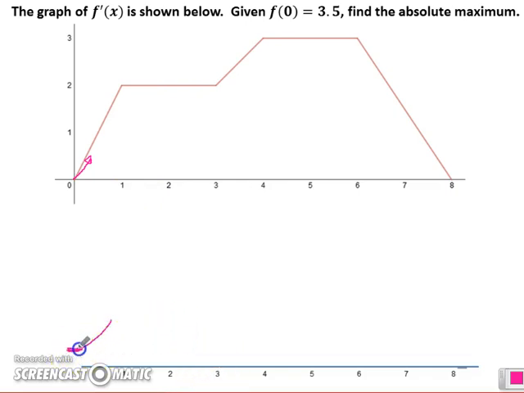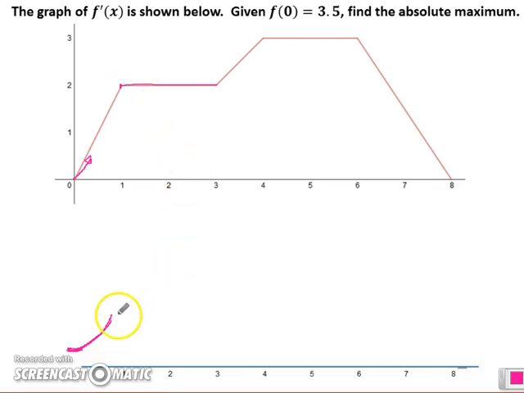When we get to 1, the slope actually is flat from 1 to 3. From 1 to 3, the slope is constant. A constant slope is a line. The slope of our derivative graph, the slope of our tangent line here, is actually equal to 2.